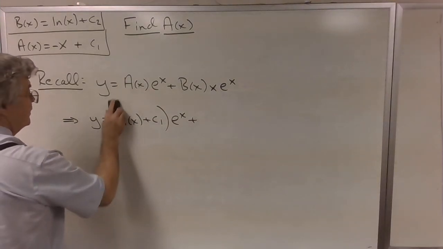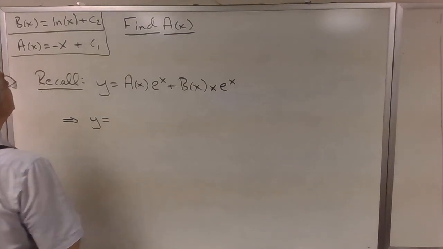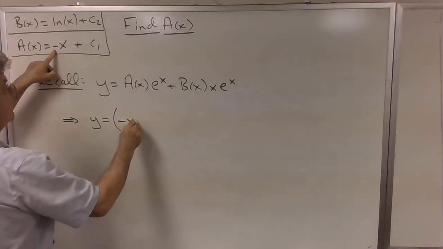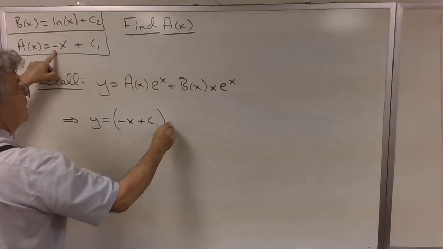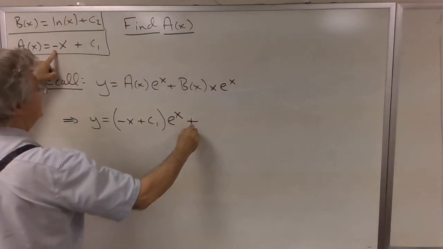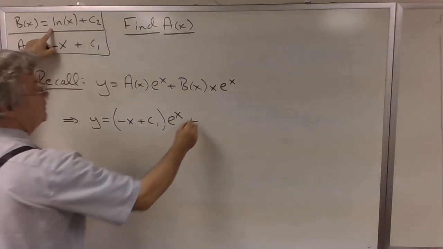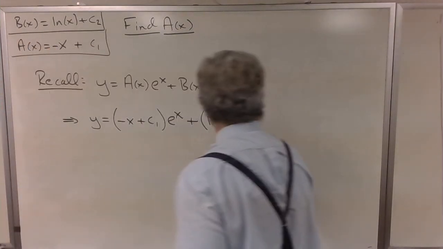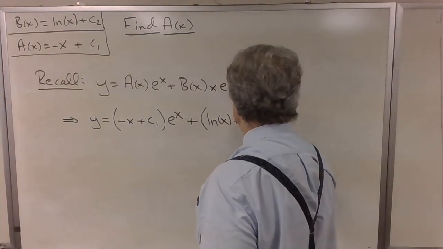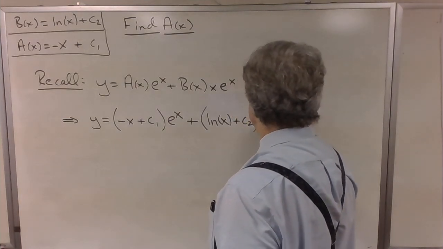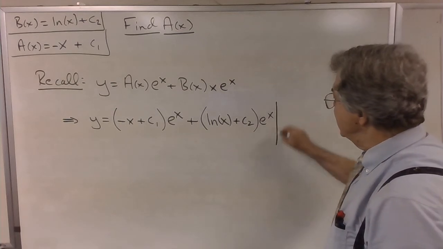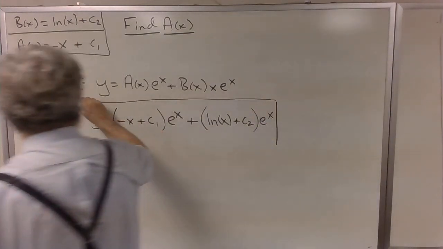So, forget this. A of x is negative x plus c1 e to the x, and b of x is natural log of x plus c2 e to the x. That's our solution.